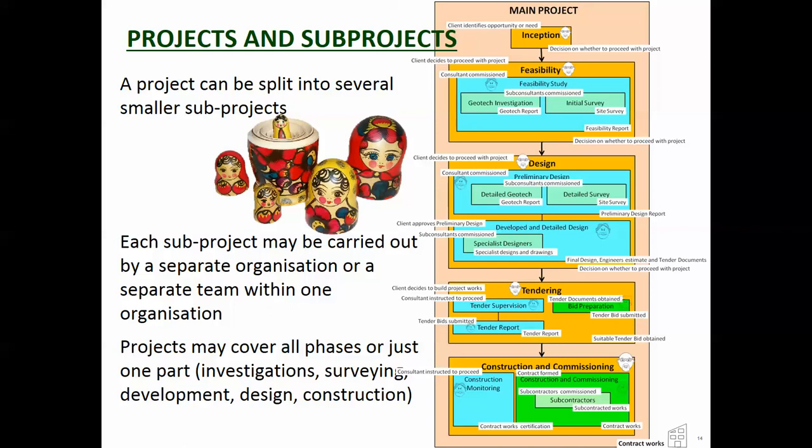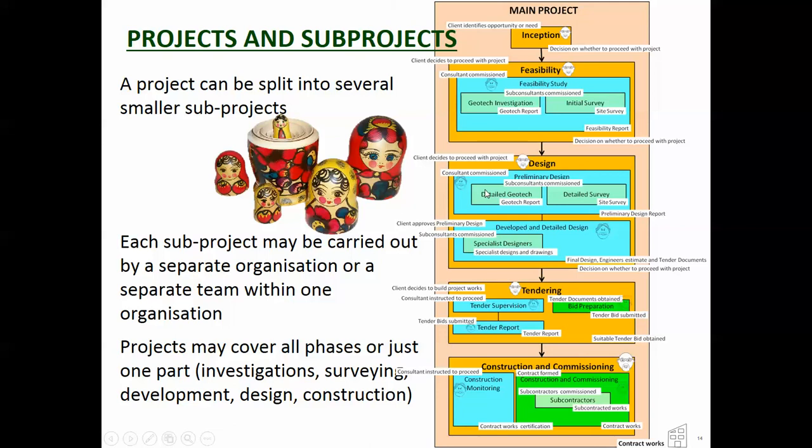So for example, looking at the design, you've got this orange box here which represents the client's project, which is to procure a design for the building in this case, and then he hires a consultant who now has a project. The consultant has a project which is to produce a preliminary design and then produce a detailed design. So he's got two projects there. Within that preliminary design, the consultant might have to hire a geotech investigation because they don't have those skills.